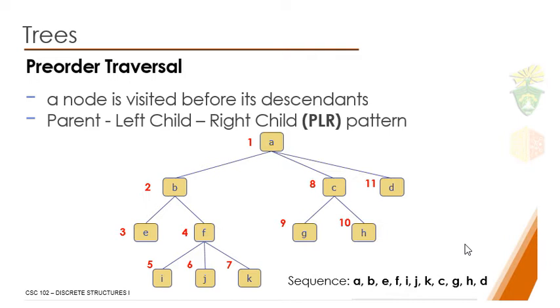We start with node A, since it is the topmost parent of all the parent nodes in our tree. What is the pattern? PLR: parent first, then the left child, and last the right child. Looking at our tree, A is the topmost parent. So we start with A.